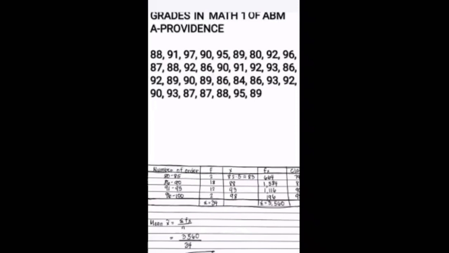I tallied the grades and made them into frequencies: 8 between 80 to 85, 2 for the next, 86 to 90 has a frequency of 18, 91 to 95 is 12, and 96 to 100 is 2. Column 2 is the frequency. I totaled the frequency and the result is 34.